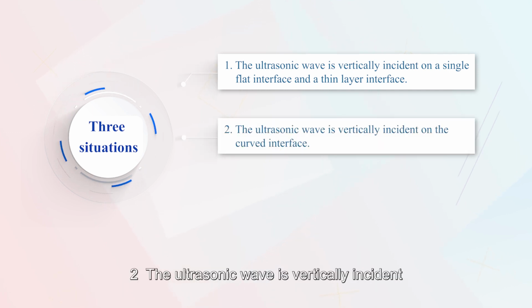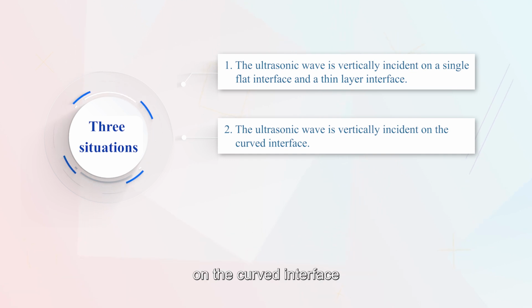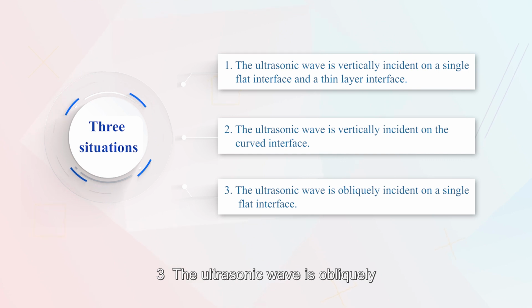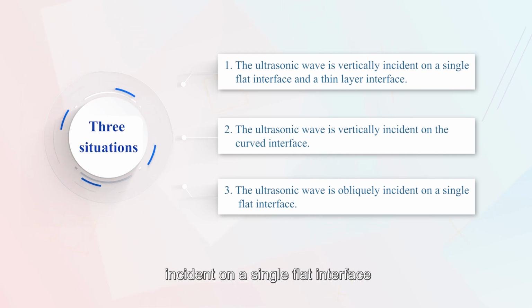The ultrasonic wave is vertically incident on the curved interface. 3. The ultrasonic wave is obliquely incident on a single flat interface. In this lecture, we introduce the first case.